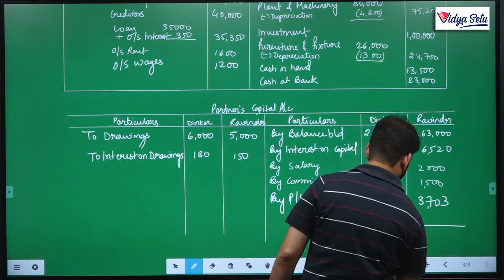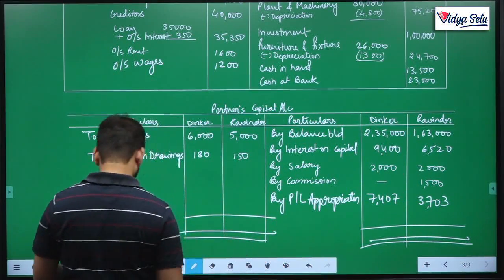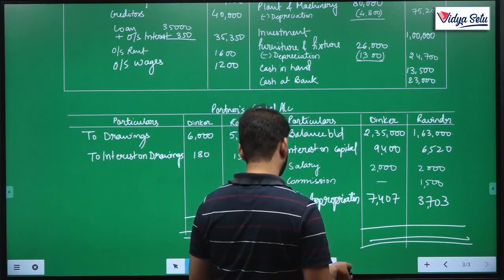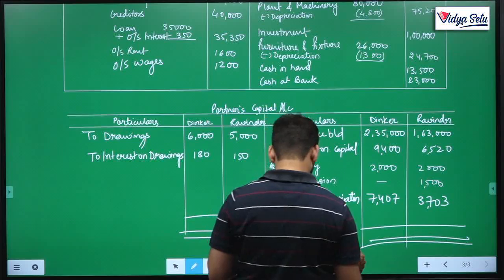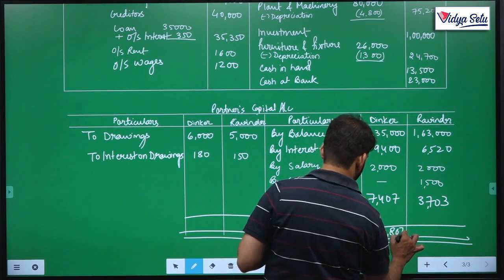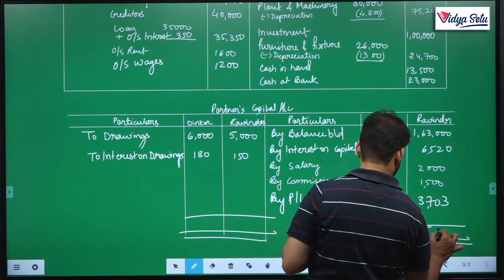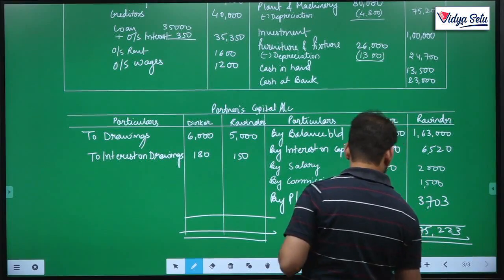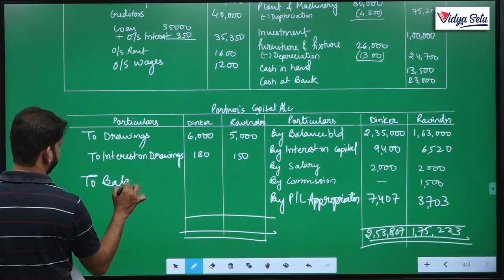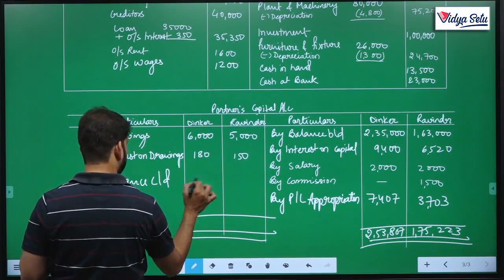Okay, let us first close the capital, then only we can close the balance sheet. So, in the capital account we have 235, 9400, 2000, 7407. So, we get 253807 and here we get 175223. The same to balance carried down.